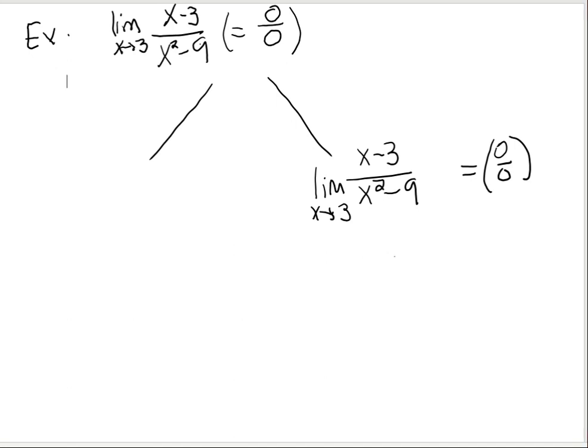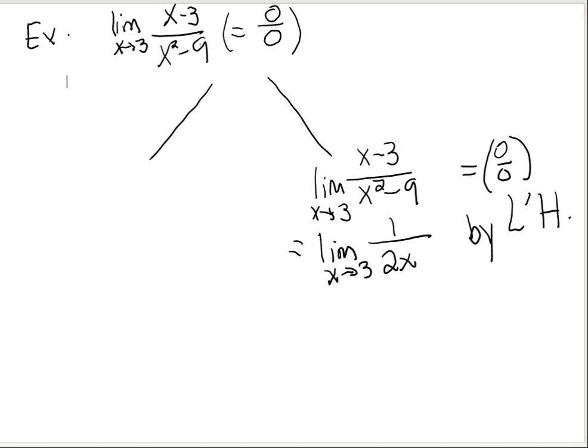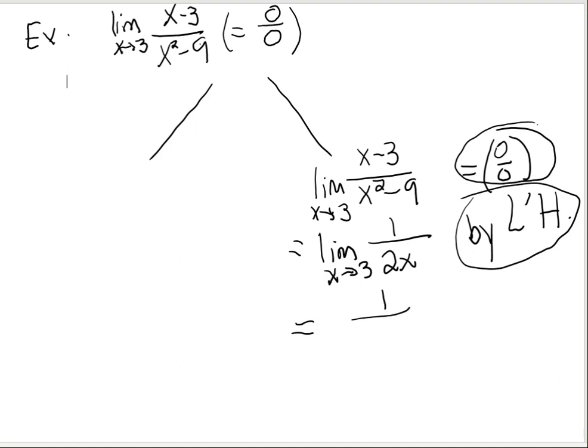So then I'll say equals the limit as x goes to 3 of the derivative of the top is 1 over the derivative of the bottom is 2x, by, I'll just abbreviate, L apostrophe H. And that's how I'm going to want you to do it on any quizzes, tests, is to state what the indeterminate form is and then put by L'Hopital. And so now we can just straight plug in and it's 1 over 6.